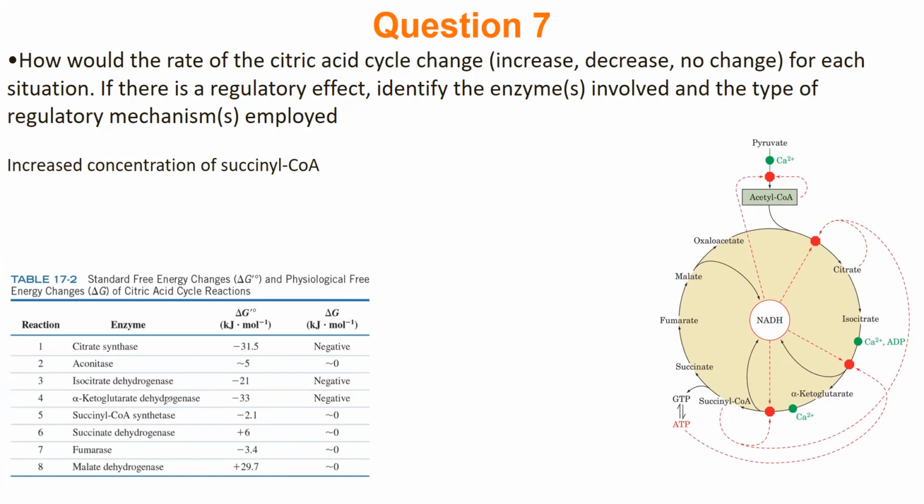And the enzyme, again, is alpha-ketoglutarate dehydrogenase, which has a very negative delta G. So it's another enzyme that works far from equilibrium, so it's another control point. Also, succinyl coenzyme A will go and inhibit citrate synthase. So it's inhibiting two enzymes when you have a large concentration of it, and it will also decrease the speed of the citric acid cycle.